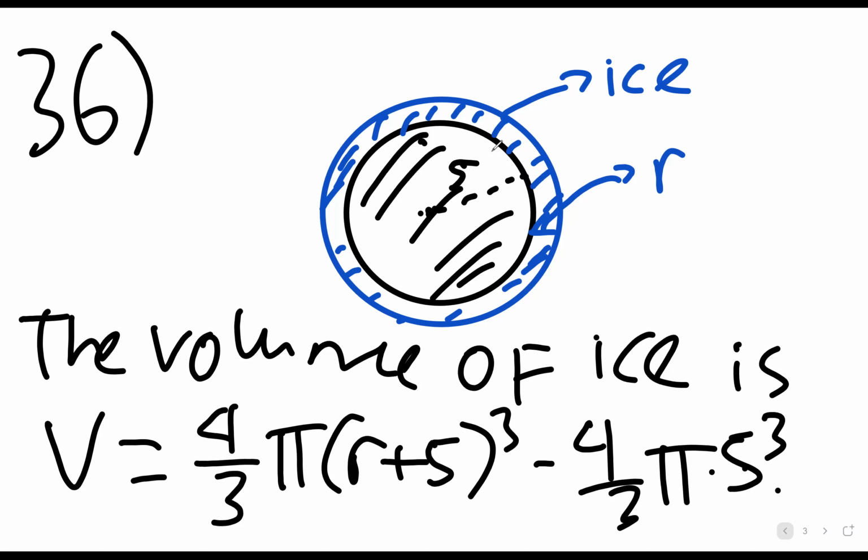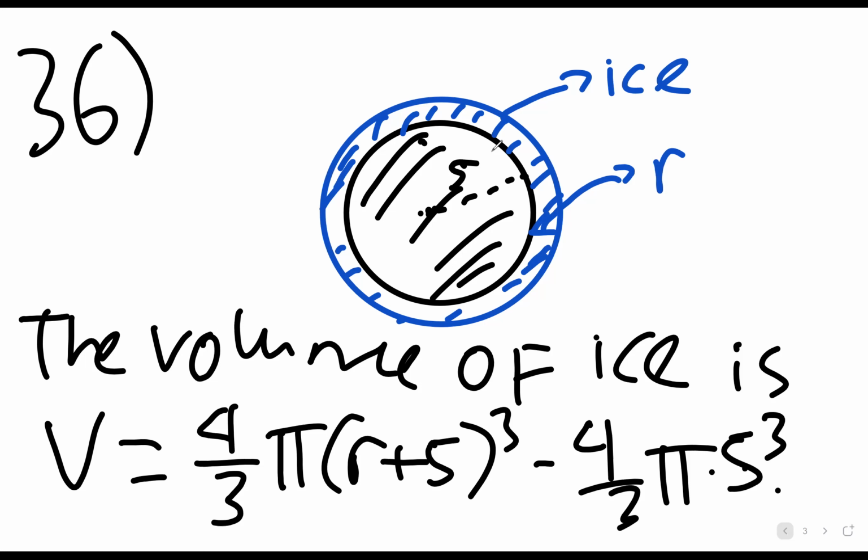But in reality, this is a ball in 3 dimensions, and its inner radius is 5, and the thickness of the ice is r. Suppose the thickness of the ice is r, so the radius of the outer layer is 5 plus r, and the volume of the ice is just the volume of the iron and layer of ice minus the volume of the iron itself.